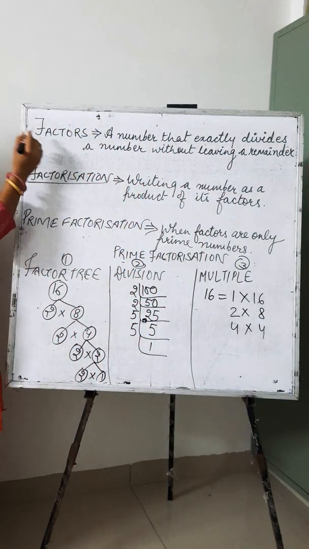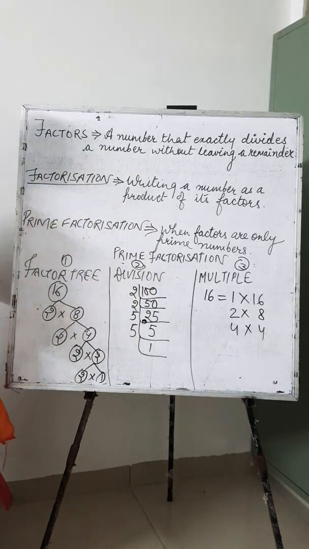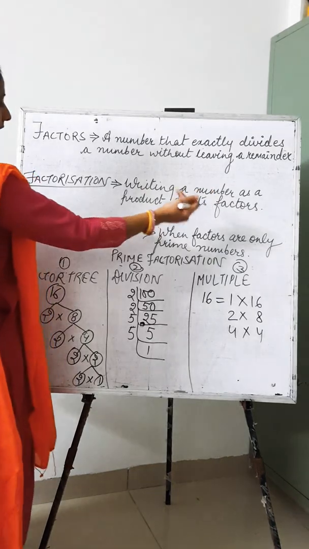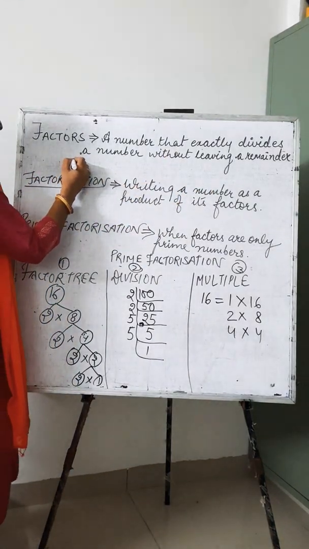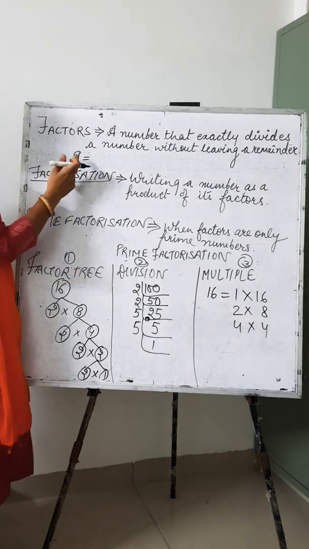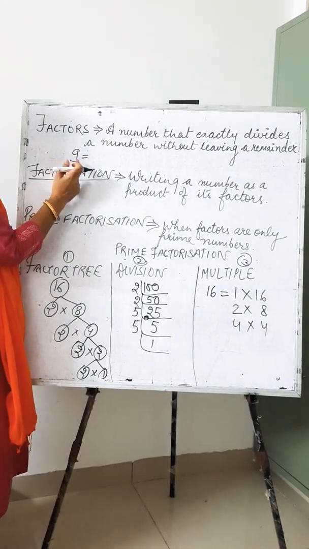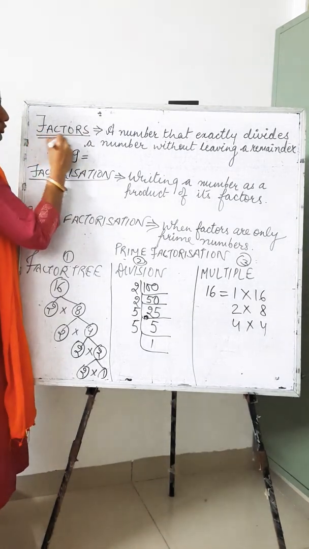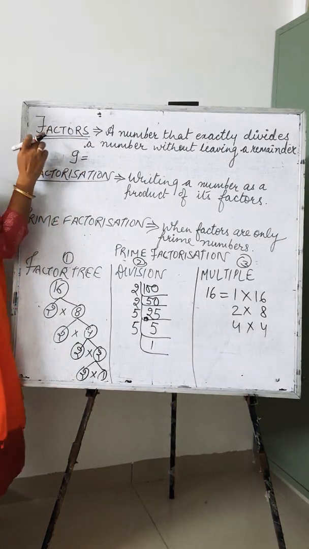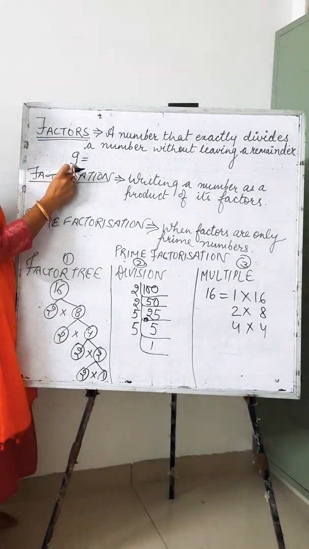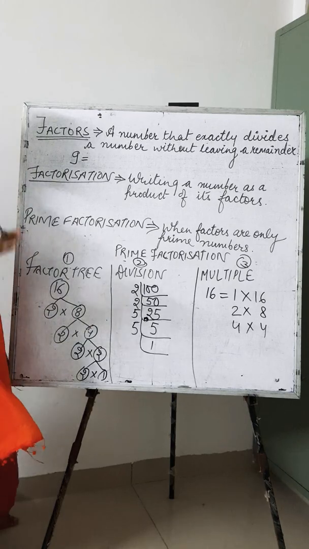What do you mean by factors? We already have discussed: a number that exactly divides a number without leaving a remainder. This can be clarified with an example. If I am asking factors of 9, I have told you that factors are always equal to the given number or smaller than that number.